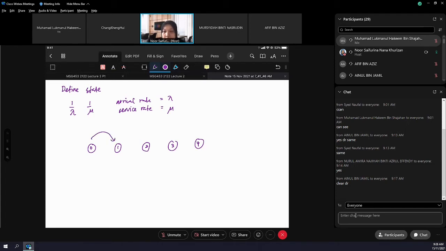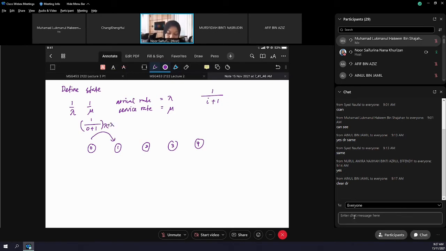When you have no customers in the system, state 0, what is the arrival rate? Your arrival rate is lambda, but the probability that the customer will join is 1 over I plus 1, where I is your state. Given that the system is in state 0, this is 1 over 0 plus 1, which gives you the value of lambda.